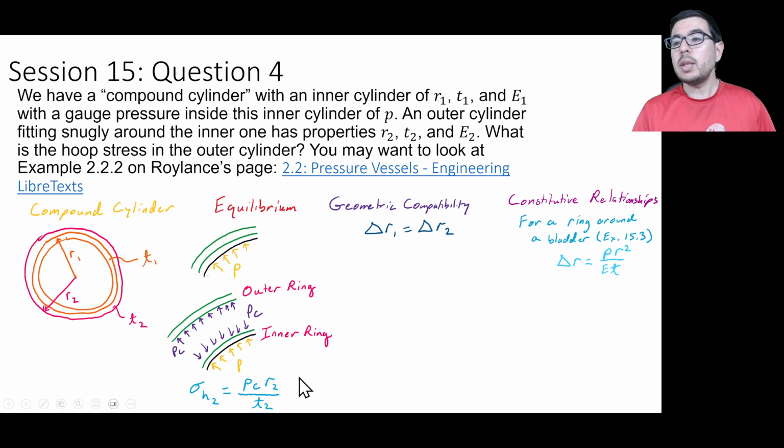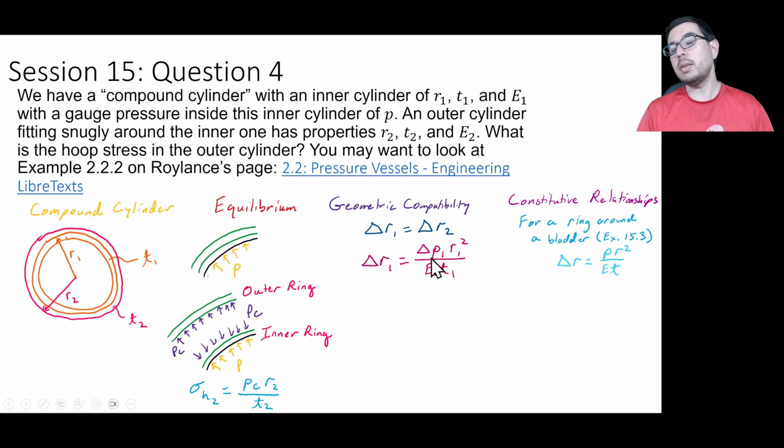Well, let's start plugging some things into each other. So one is that we can say, all right, delta R1, I can use this constitutive relationship right here. So delta R1 is really this delta P1 R1 squared over E1 T1. Now, what is this delta P1?